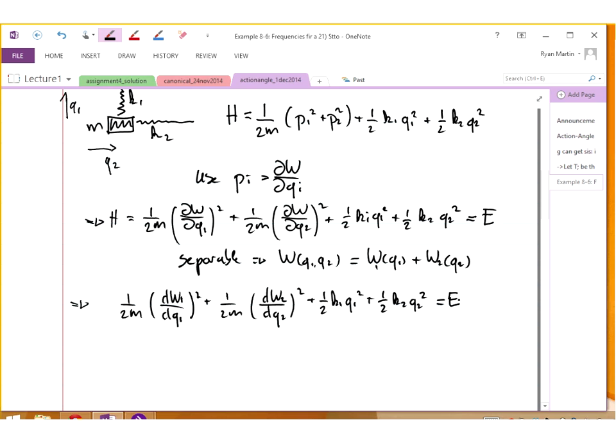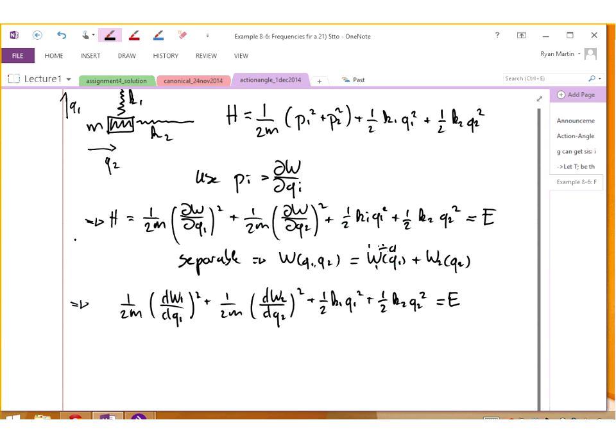So that's a differential equation, which is kind of two differential equations, one for W1 and one for W2. Now, if you look at this differential equation, there are terms that depend only on q1 plus terms that depend only on q2 equal to a constant. All right?